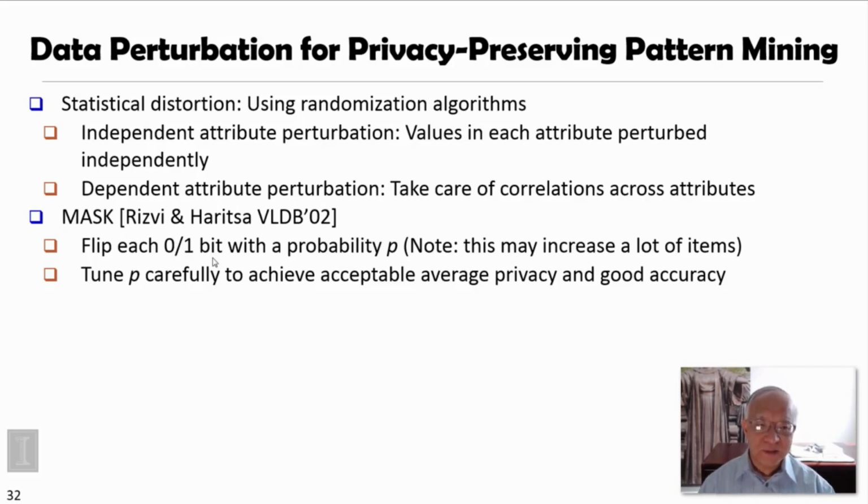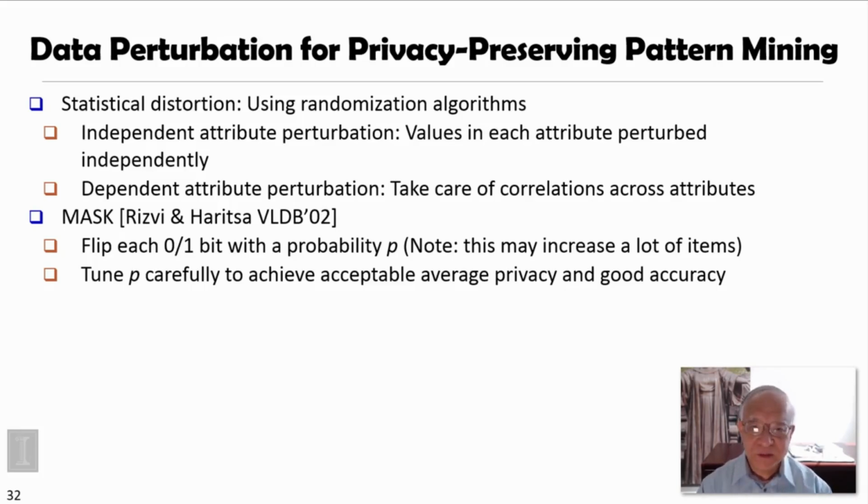With this, if you carefully tune this P, you may achieve both good average privacy, because you insert a lot of randomly picked items so they will not figure out what you bought, and still get good accuracy. The reason is, in general, once you randomize a lot of different items, unlikely will those random patterns become frequent, so your real frequent patterns may still show up.